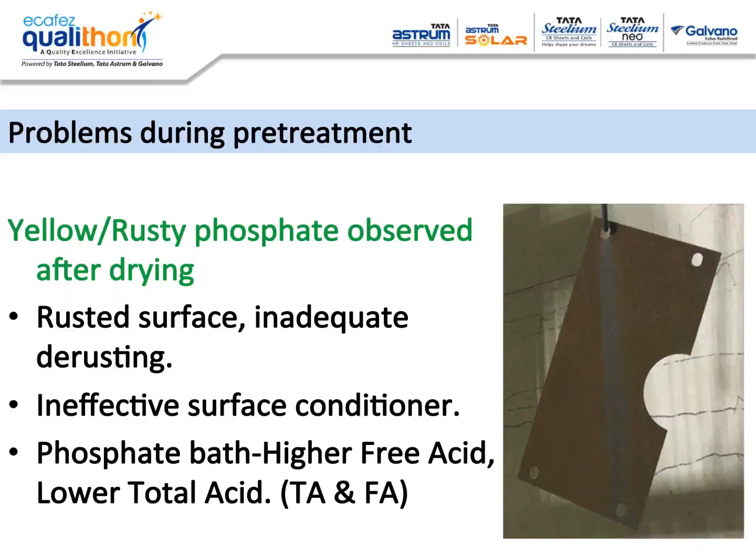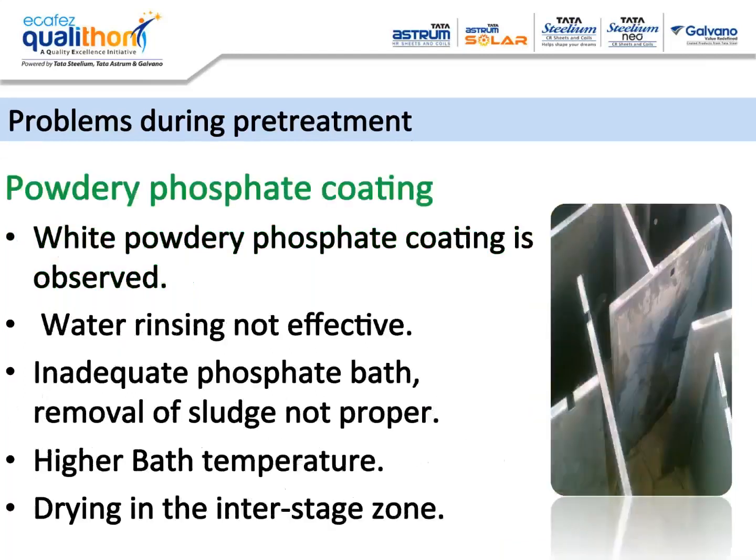Your surface conditioner is not in condition, either it is ineffective or very diluted or not working properly. Or in your phosphate bath, there is higher free acid and lower total acid, the ratio of TA and FA which has to be maintained is not getting maintained, so this can happen. By adding accelerator, etc., as per your chemical supplier's suggestions, you should correct your tanks.